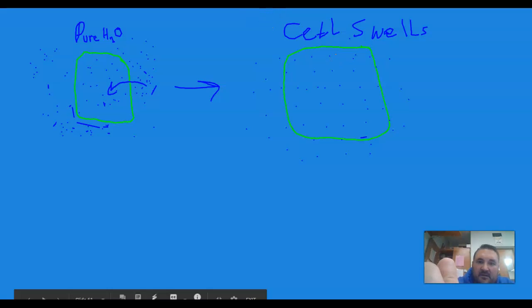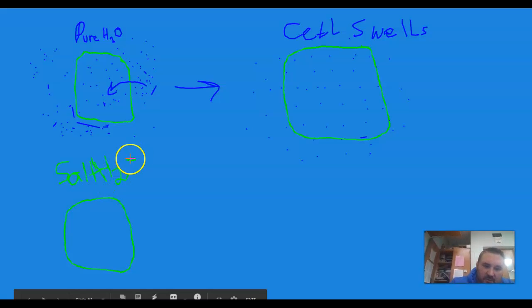The exact opposite is if I take a cell and I place it in salt water, which is what the dentist is doing when he tells you to gargle with salt water. My mom used to tell me this all the time. You have a sore throat?